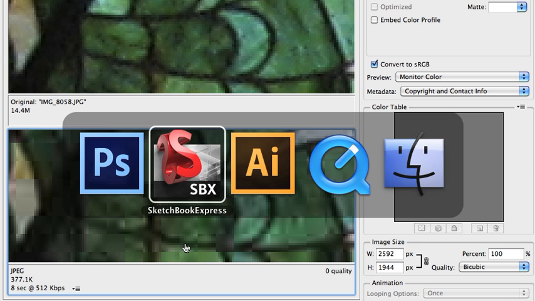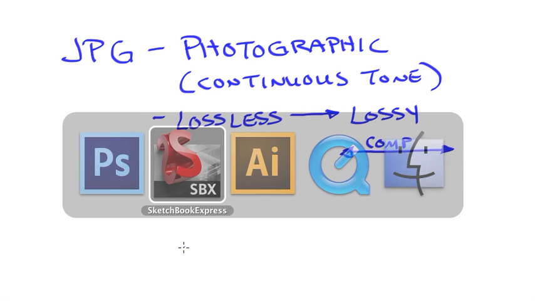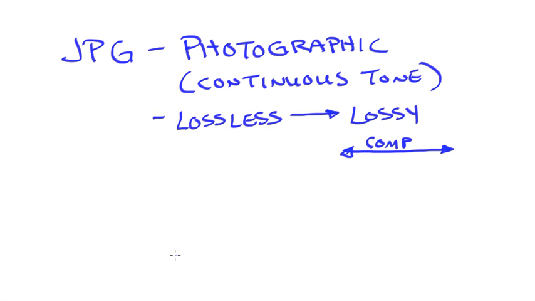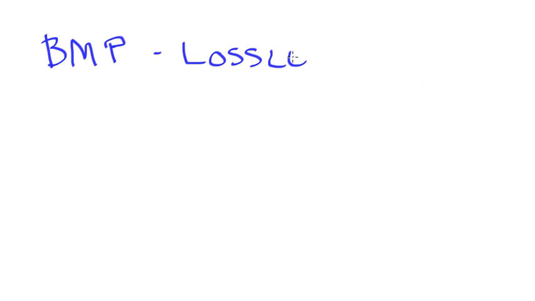So that's one of the file formats, the JPEG. Another file format for bitmapped images is the BMP, bitmapped. It is a lossless file format.